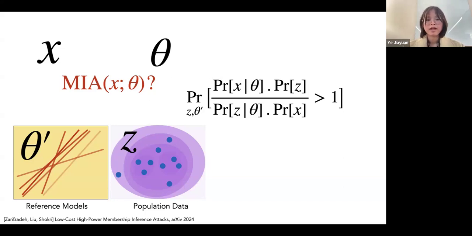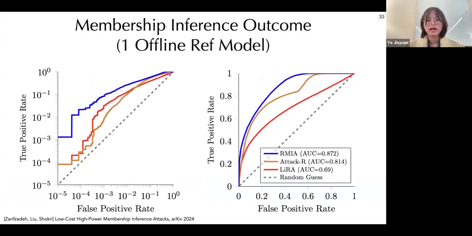As this attack incorporates the population data into its decision, it turns out to be significantly more robust than existing reference model attacks when only one offline reference model is given. Intuitively, this is because when you only use one reference model to aid your attack decision, the randomness in training is too high, such that you tend to make errors due to an insufficient number of reference models.